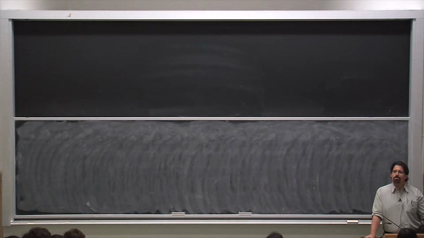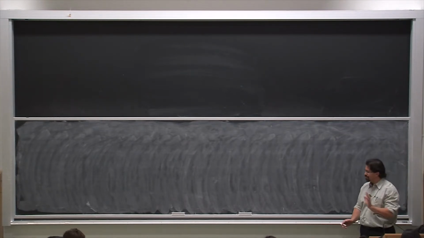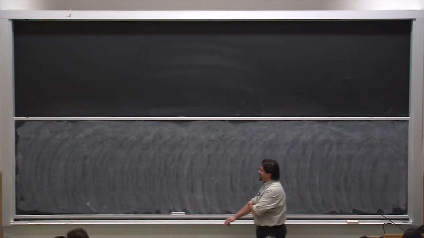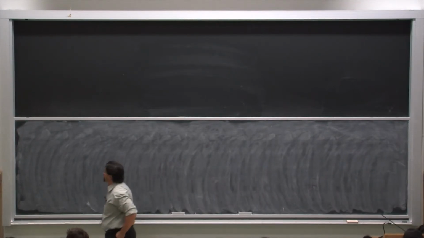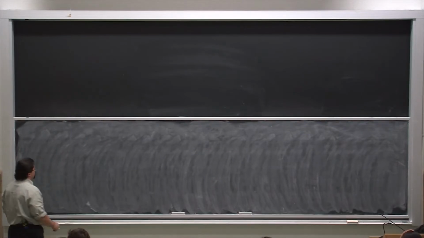Implicit differentiation was 2 weeks ago. Do you guys remember the whole mean value theorem digression? A little bit? Okay. Rolle's theorem, good. Okay. Better than I expected. All right.